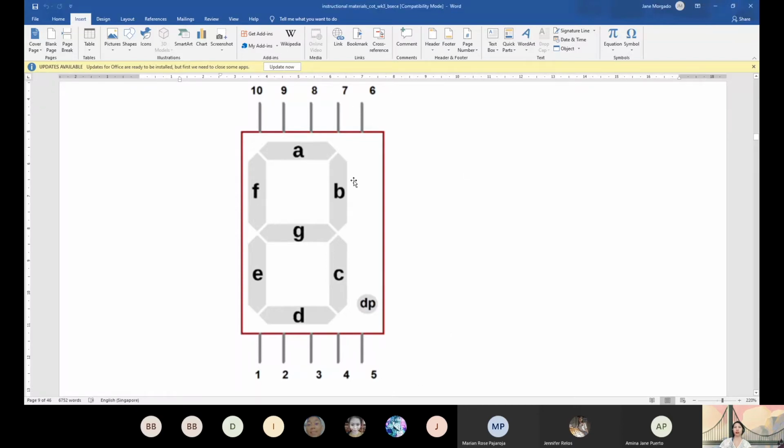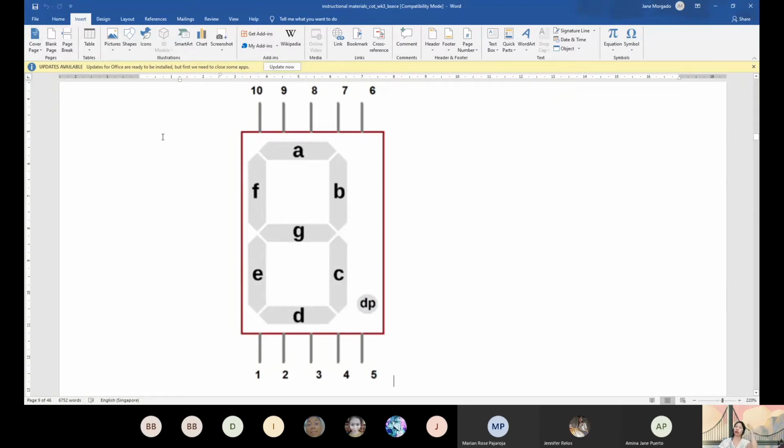Since we have 7 outputs, these A, B, C, D, E, F, G here are actually outputs. How many inputs do you need to activate A, B, C, D, E, F, G? The usual output here is numbers, right? 0 to 9.